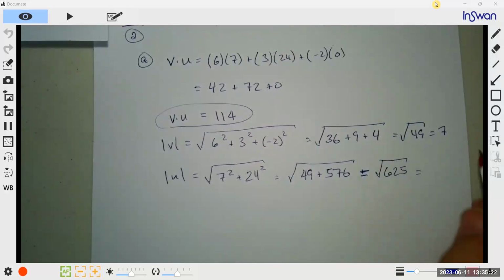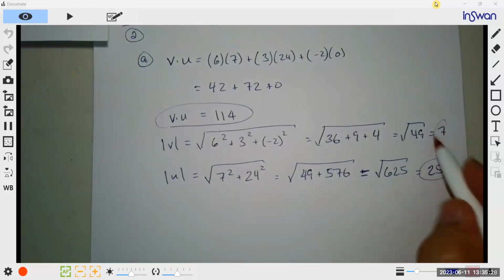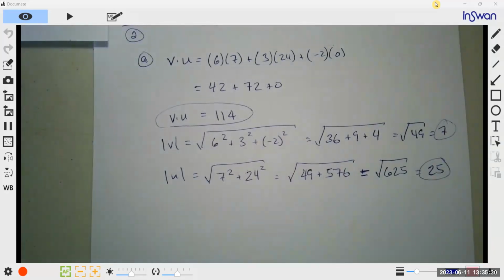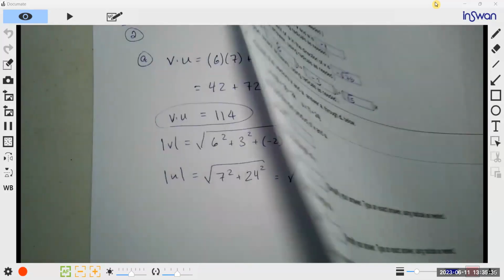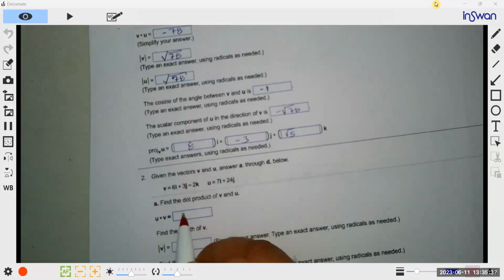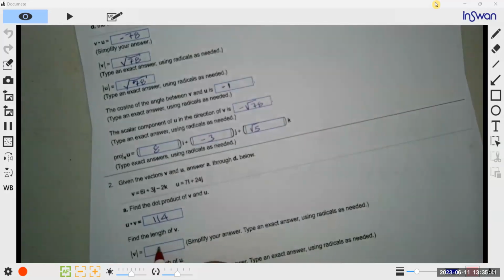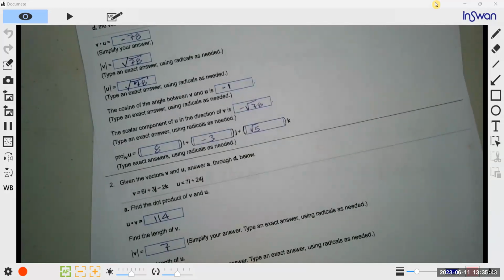Square root of 625 is 25. So those are the magnitudes. That's what A asked for. So it's 114, 7, and 25.